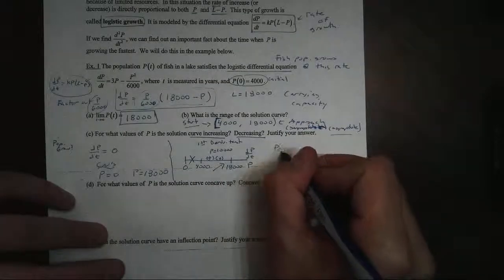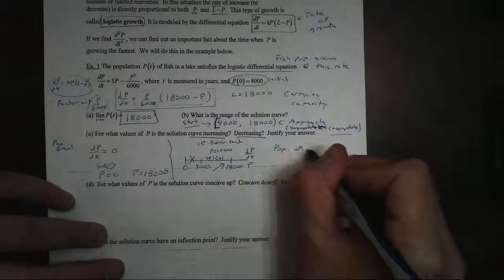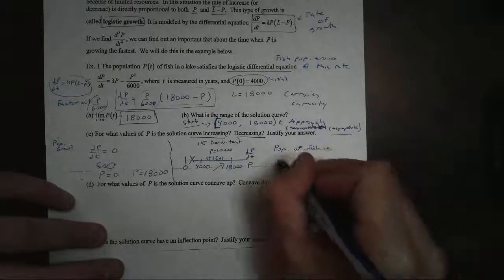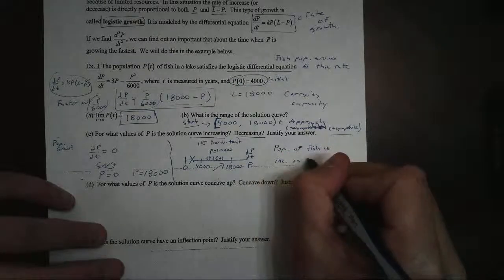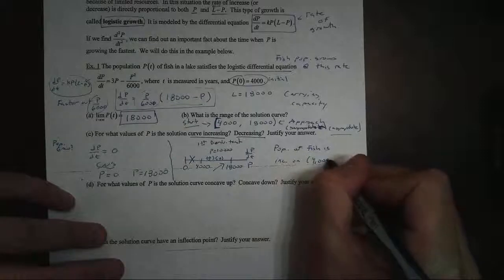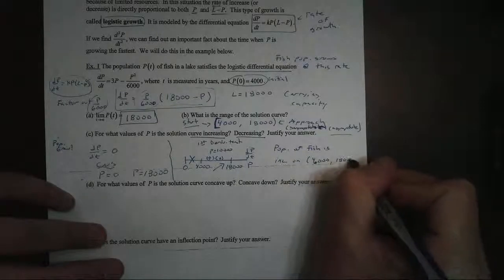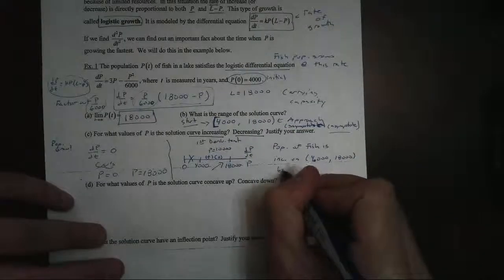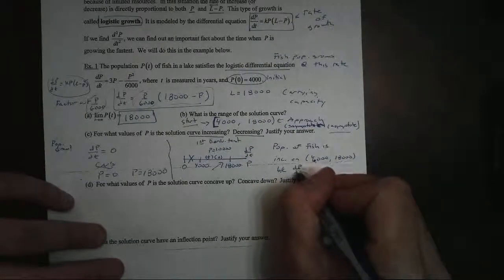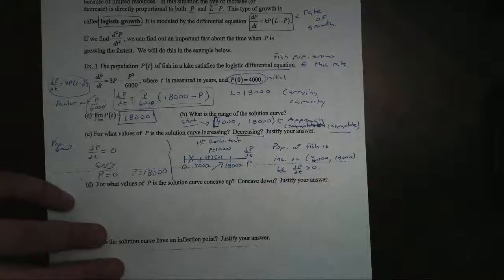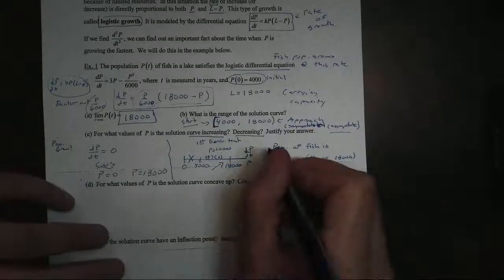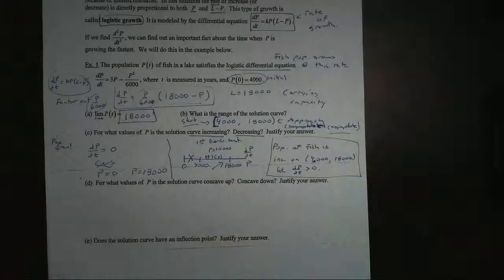This says that the population of fish is increasing on the domain [4,000, 18,000), and that is because the derivative dP/dt is greater than 0. So the population of fish never decreases on that entire interval.